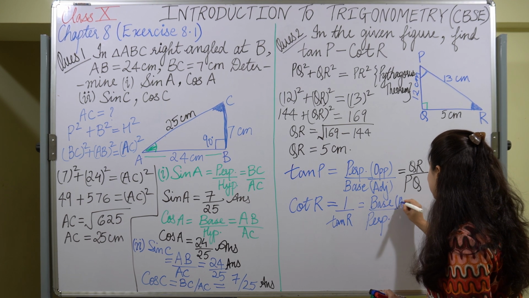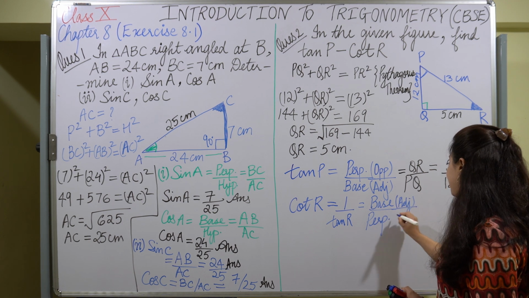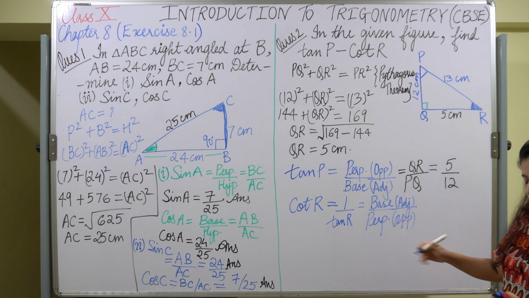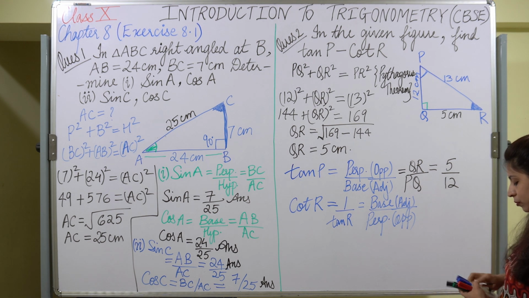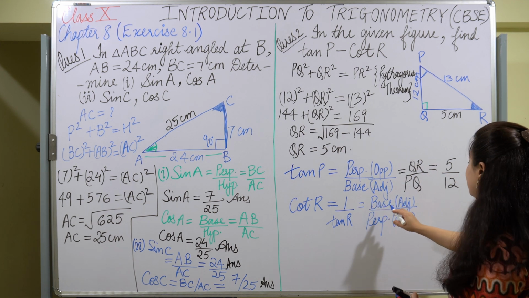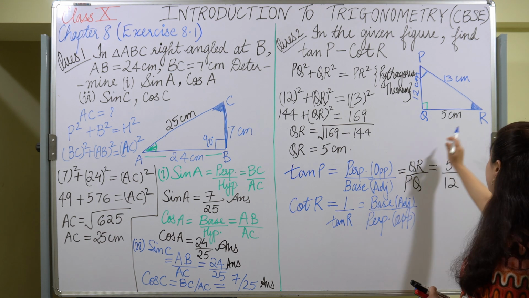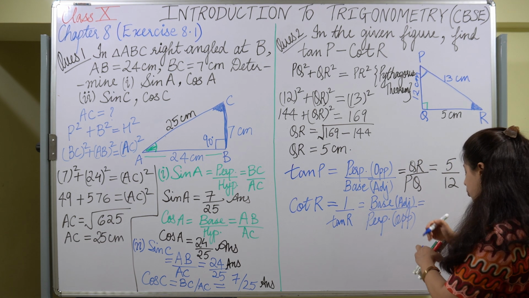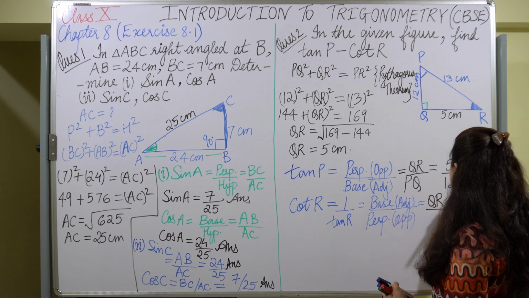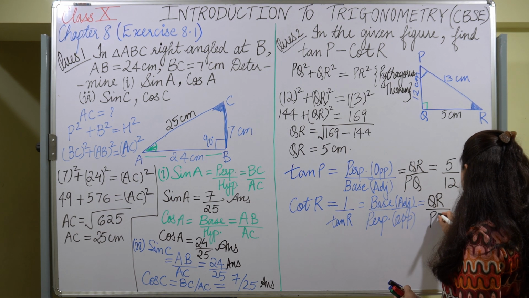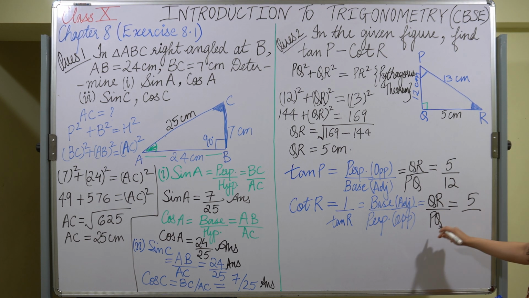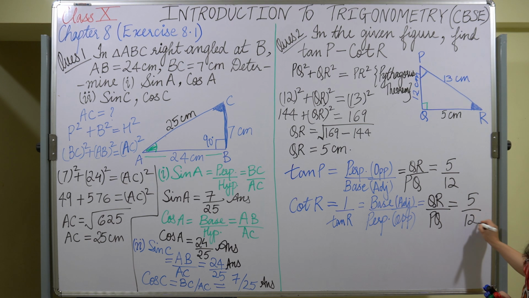Base is the adjacent side and perpendicular is the opposite side. So for cot R, the base is QR, so it will be equal to QR upon perpendicular, and perpendicular is PQ. Again the value of QR is 5 and the value of PQ is 12.